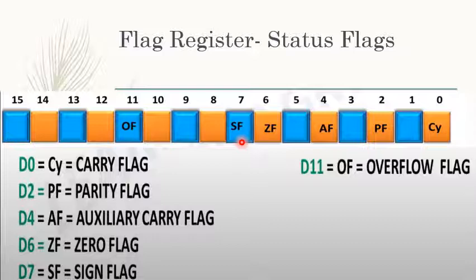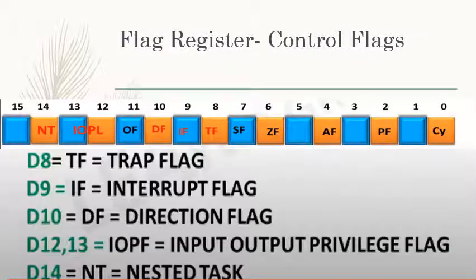Let us discuss bit D11 now because these bits are status flags. Bit D11, overflow, is set if the result is too large a positive number or too small a negative number to fit in the destination operand. Cleared otherwise. Now let us discuss the control flags.